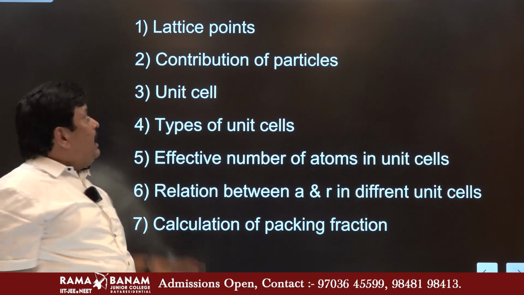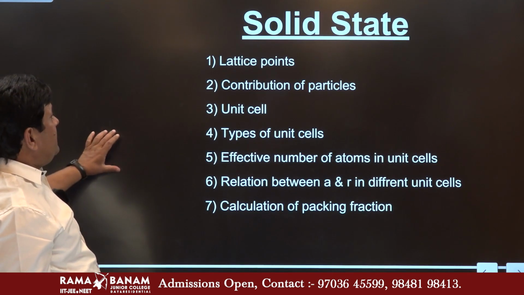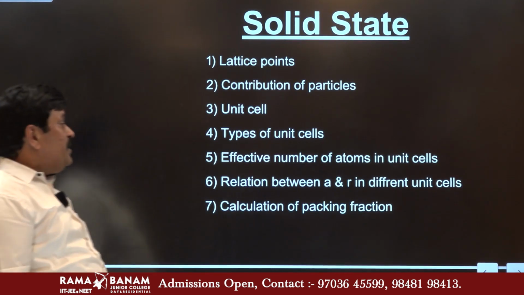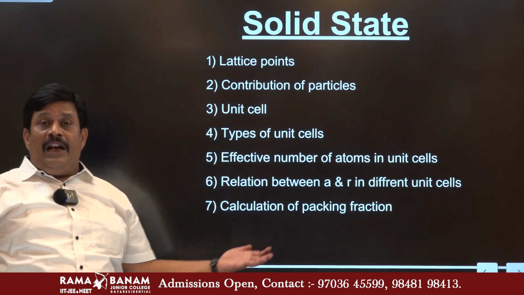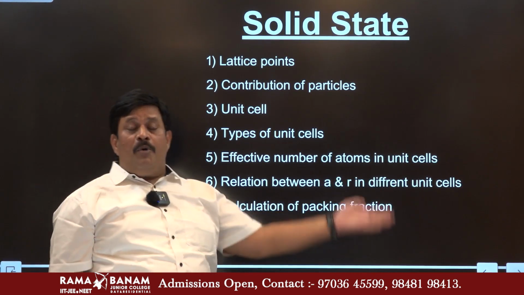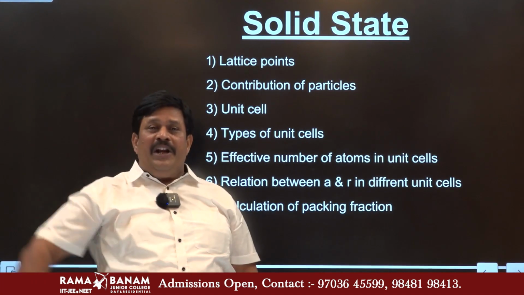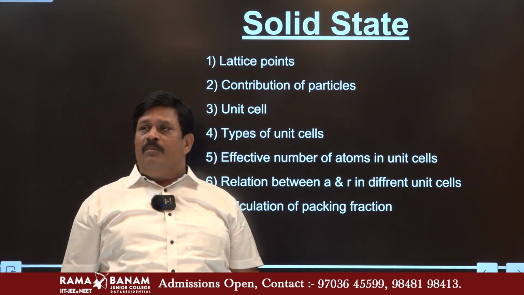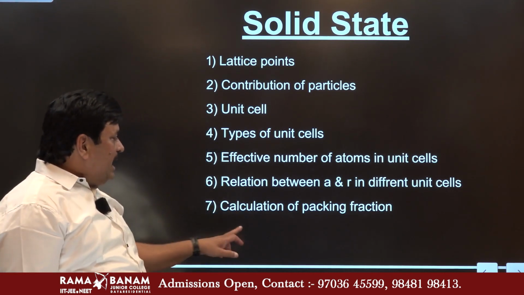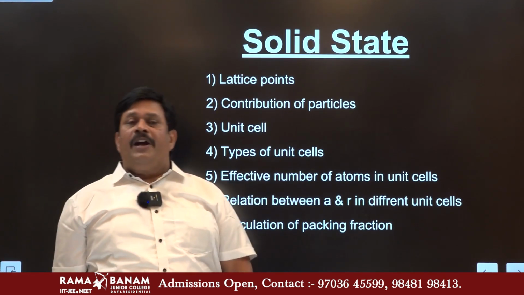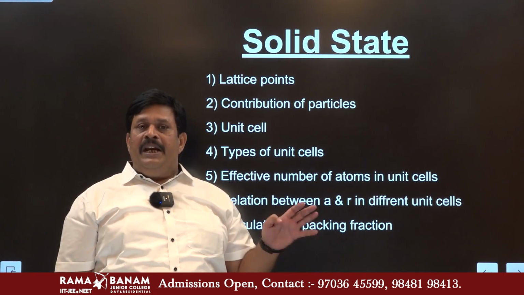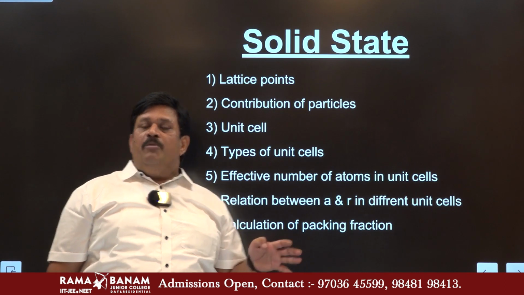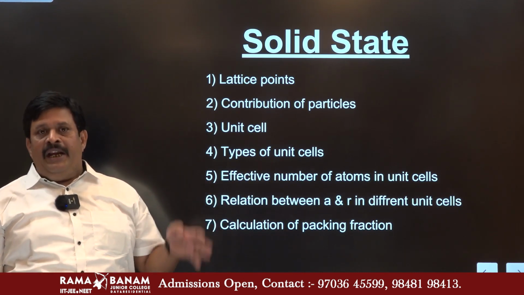We discussed lattice points, the contribution of the particles, unit cell and different types of unit cells, and after that how to calculate the effective number of atoms, and then the most important thing is the relation between a and r, where a is the edge length and r is the radius of an atom or ion, and finally the calculation of packing fraction in simple cube, FCC and BCC. These three are included in your CBSE board, your IPE board, IIT and NEET.